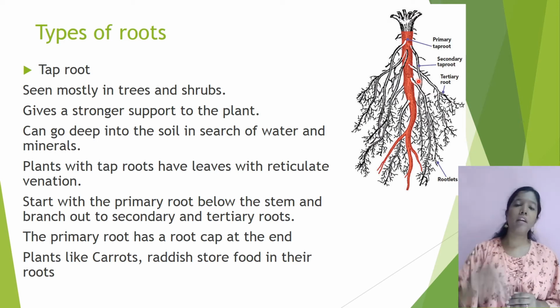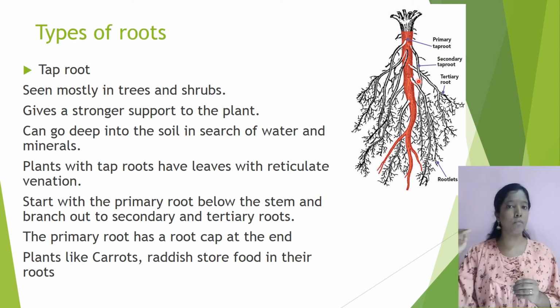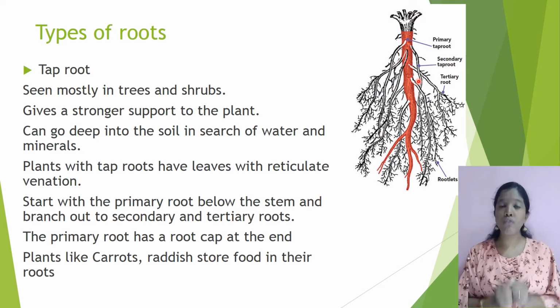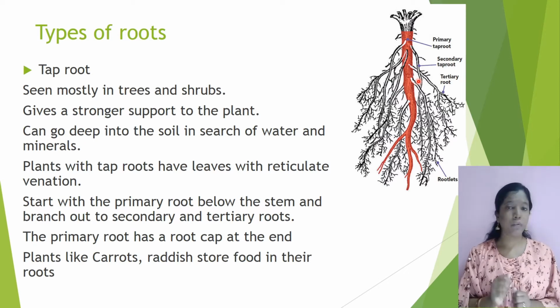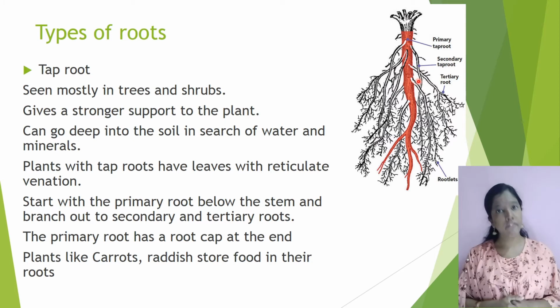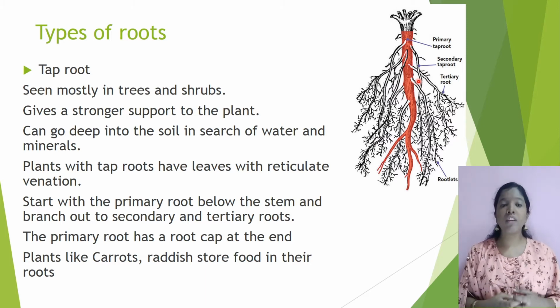Trees, being tall, and shrubs also, which grow almost up to our height, need to be strongly held inside the soil. If the roots are not strong, a sudden wind and the tree can fall. So taproots give them more strength and stronger support.